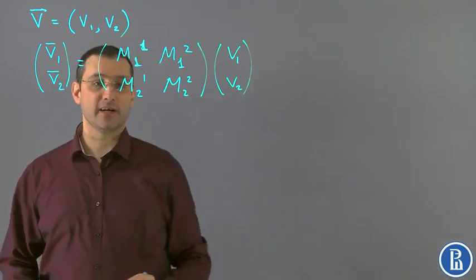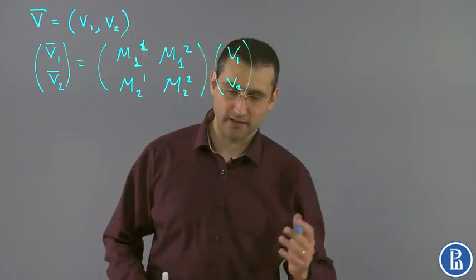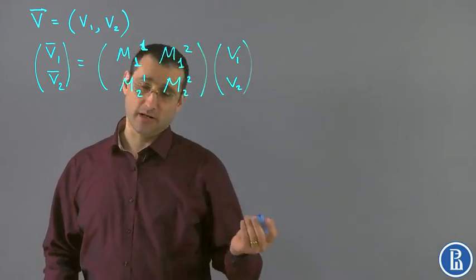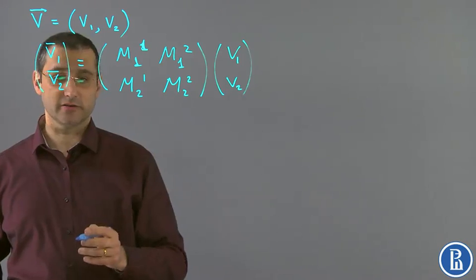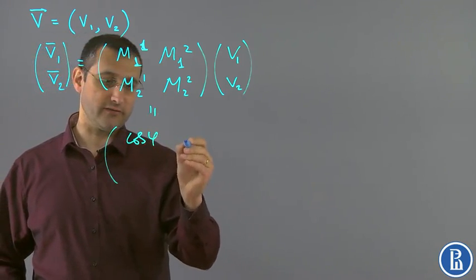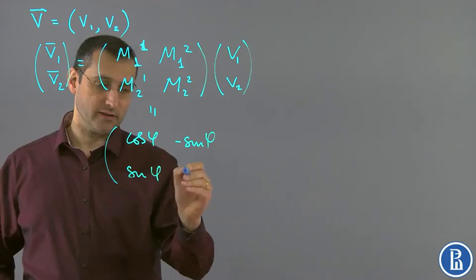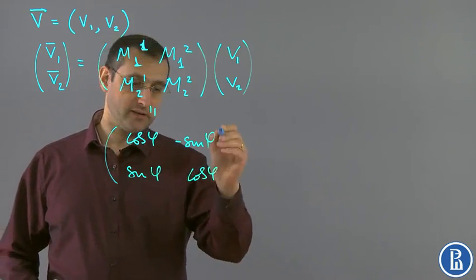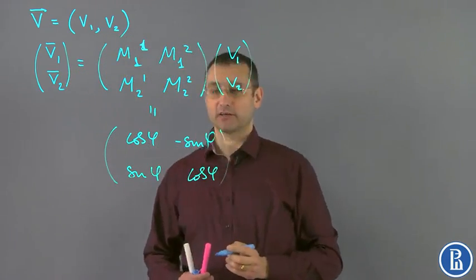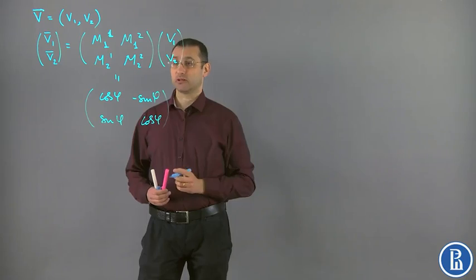Here this is a coordinate transformation matrix. We consider only linear transformations in flat space, and most frequently we actually consider rotations, and this matrix is the famously known cosine phi, minus sine phi, sine phi, cosine phi. So this is just a matrix of rotation by angle phi. So this is a two-dimensional vector.